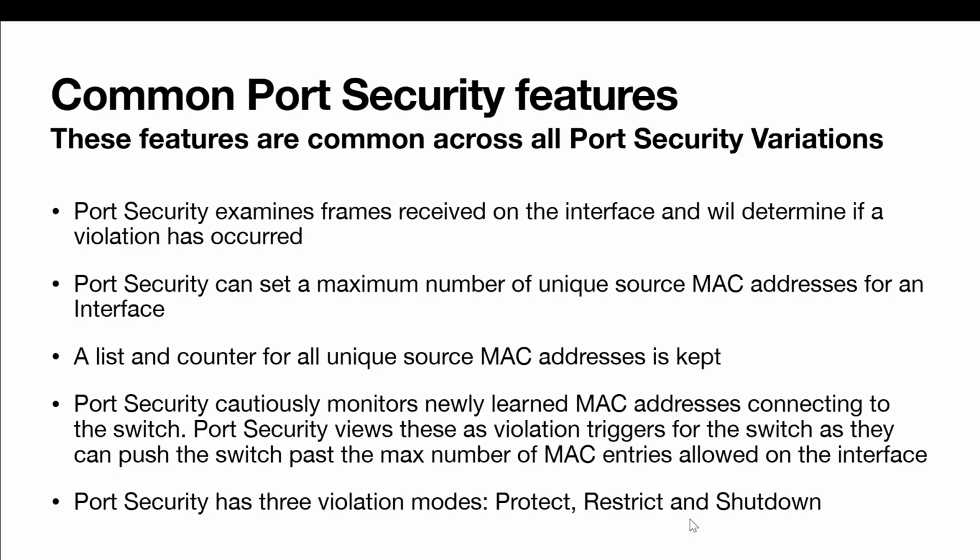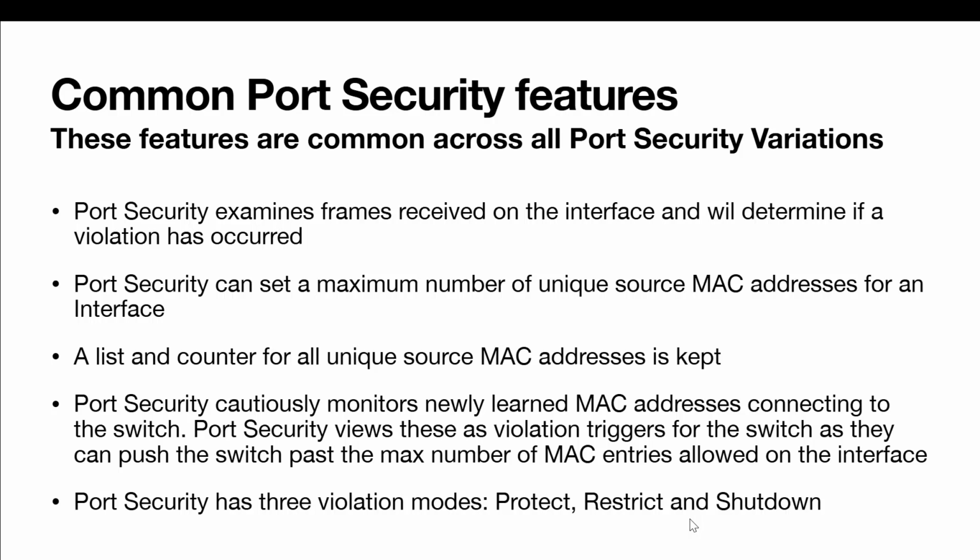But shutdown takes it a level higher than restrict. That will discard the offending traffic, send log and SNMP messages, and then disable the interface by putting it in error disabled state. So the traffic's discarded, log and SNMP messages are sent, and it will error disable the interface.